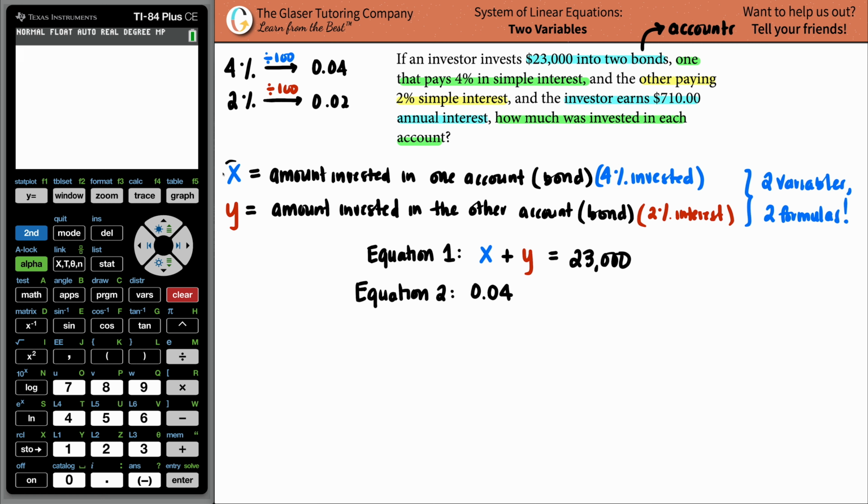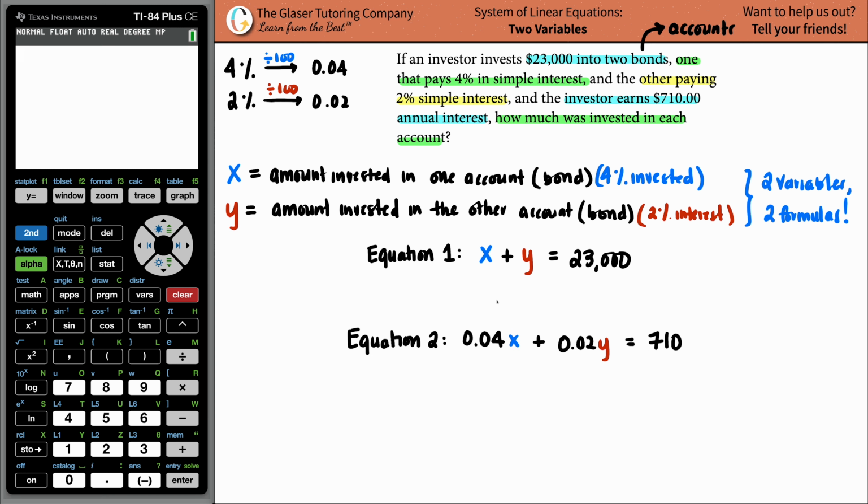Well, we don't know how much that is, so we're just going to say that's X. And if we add that with the 0.02, the 2% simple interest, with all the combination of how much that was invested, Y, this is going to equal an additional $710. You could put the 0 here if you want to, but you don't have to. Maybe I'll just put the 710. But that is your two equations.